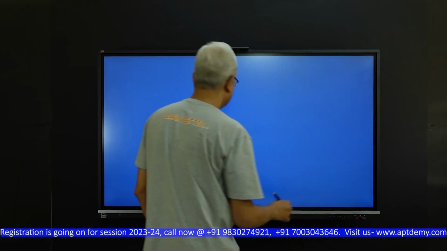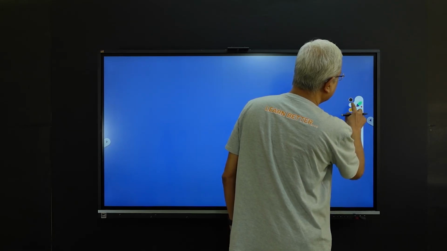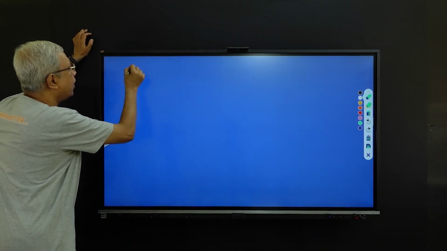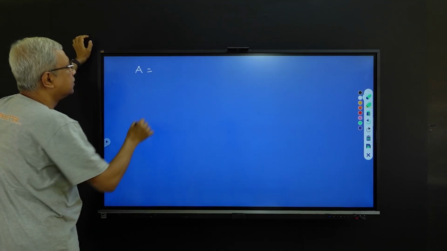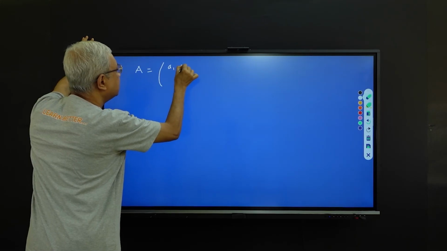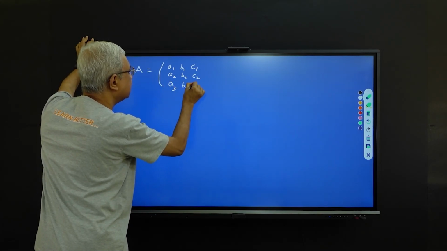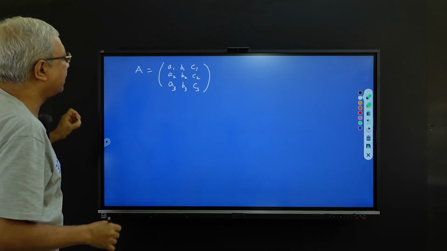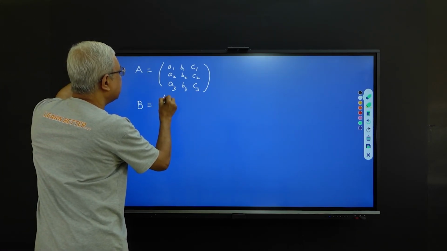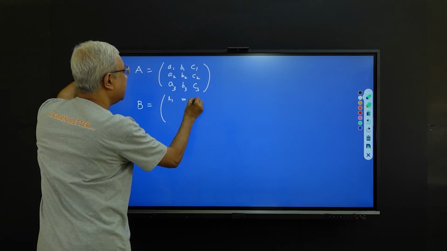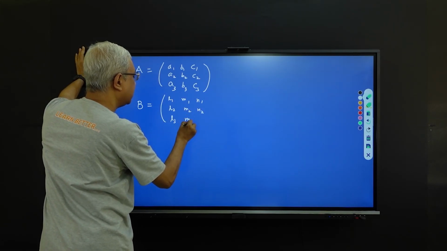Another thing, just recall, if two 3 by 3 matrices, one matrix, say for example A, is A1, B1, C1, A2, B2, C2, and A3, B3, C3, and another matrix B is L1, M1, N1, L2, M2, N2, L3, M3, N3.